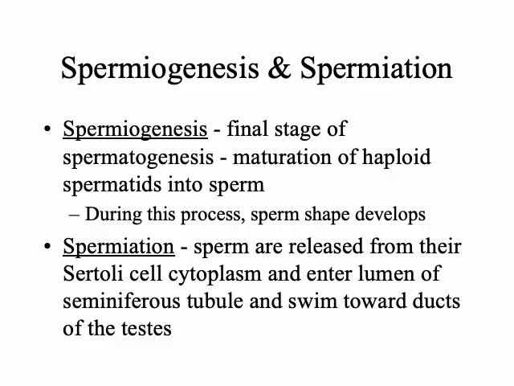So we have these different stages where spermiogenesis is that last stage where the spermatid is now a sperm or a spermatozoa. I don't think most people call it spermatozoa in the real world. They just refer to it as sperm. But by the time it's sperm, it looks like what you expect, like a little swimming head full of DNA.